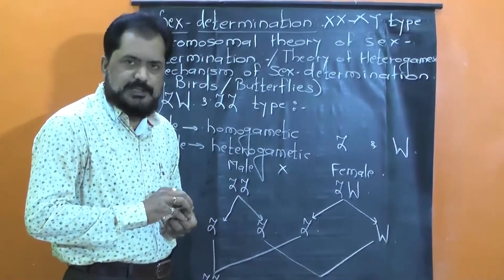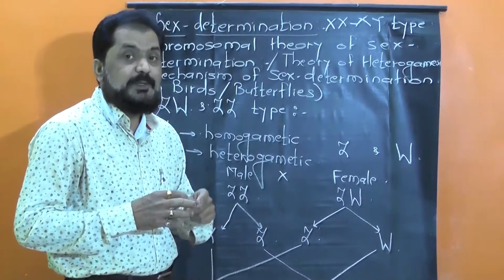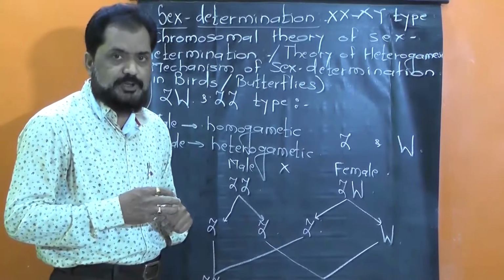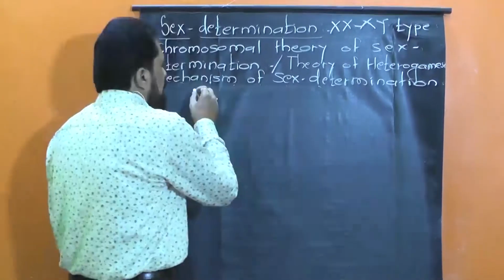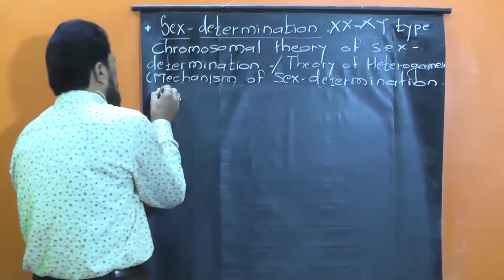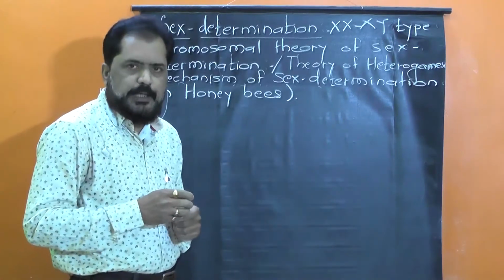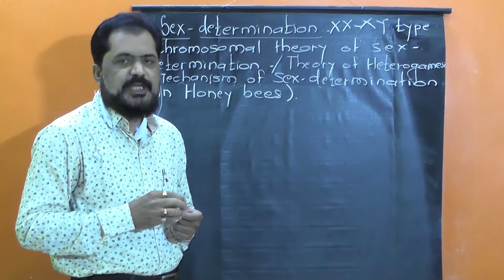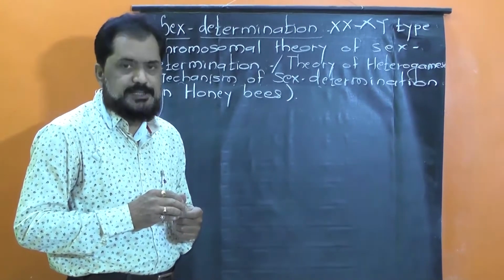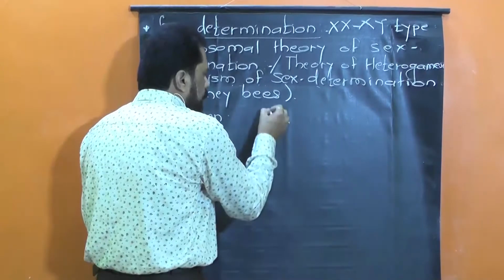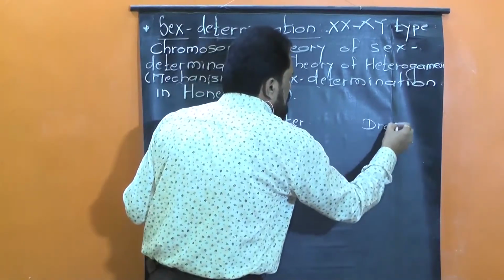And now let us talk about a specialized type of mechanism of sex determination in honeybees. We know that in honeybees, three different castes are identified, such as queen bee, worker bee and drone.